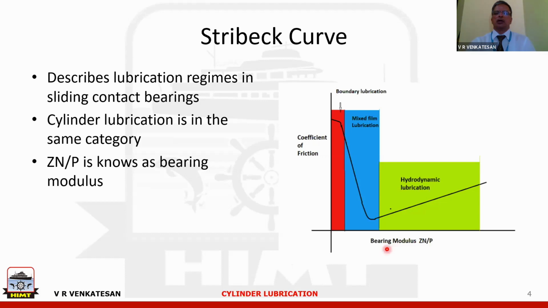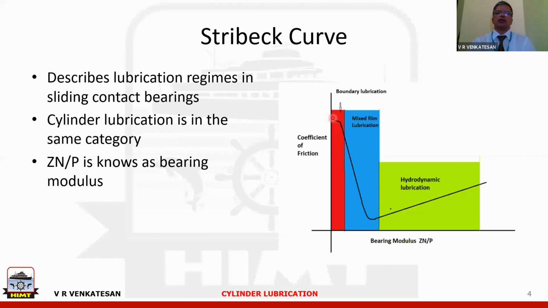Now, what is there on the x-axis is a value called bearing modulus. Bearing modulus is made up of these values, Z N divided by P. And on the y-axis, we have the coefficient of friction.